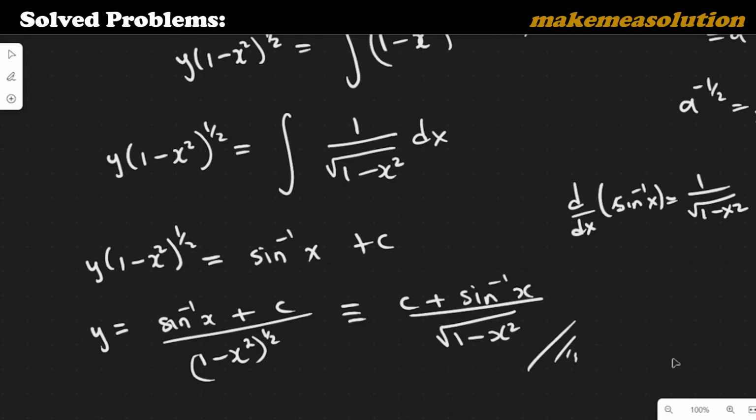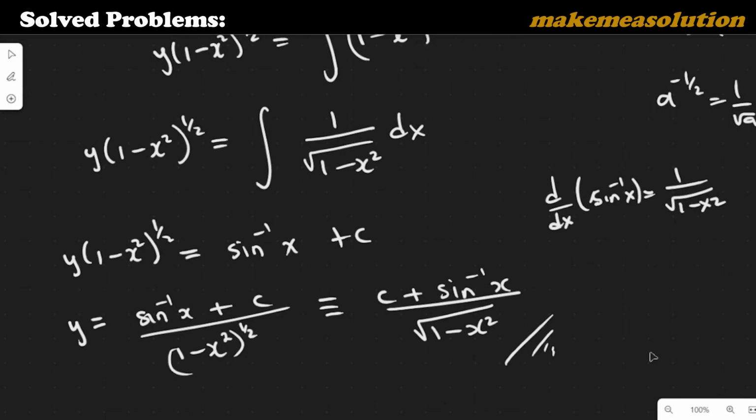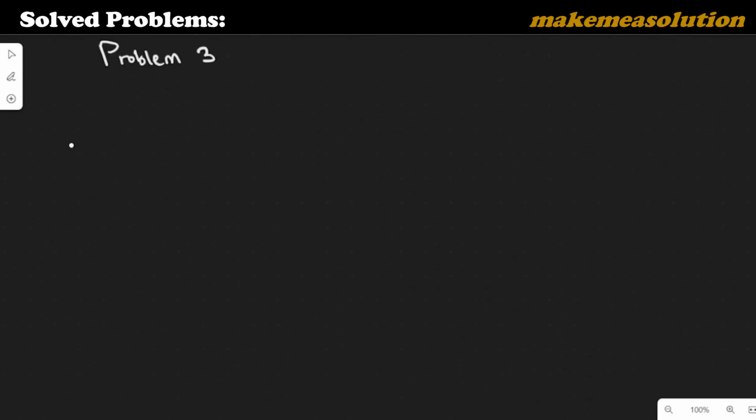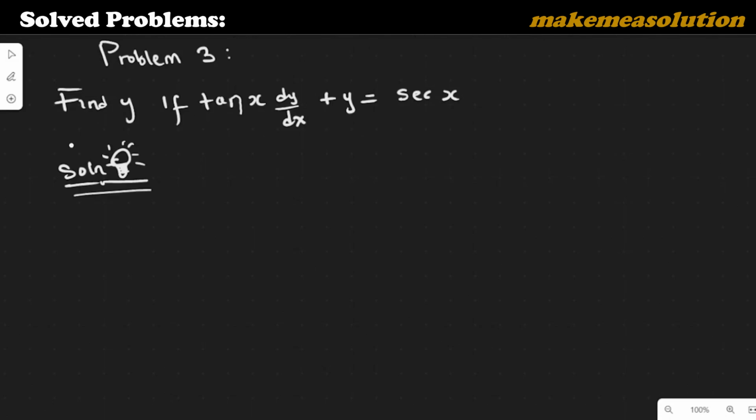So let's move on to another problem, problem 3. Okay, this is problem 3. I want to find y given that tan x dy/dx plus y is equal to sec x.